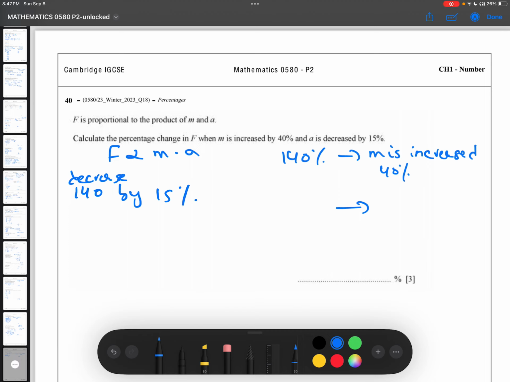If I decrease 140 by 15%, I will multiply 140 with 0.85. Why? Because if 140 is decreased by 15%, it will reach its 85%. So 140 multiplied by 0.85 is 119.